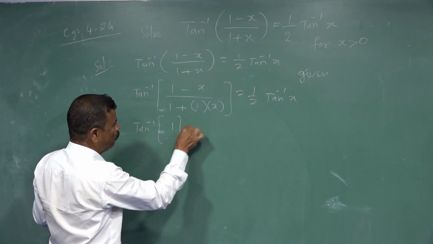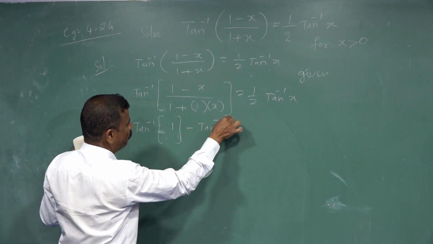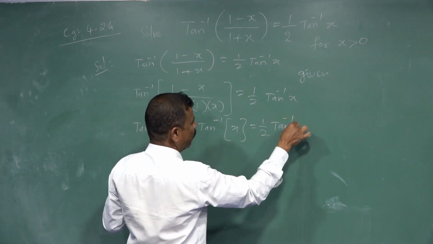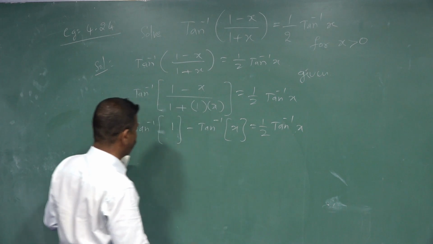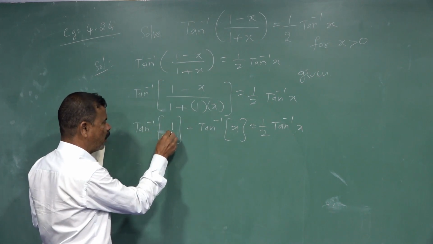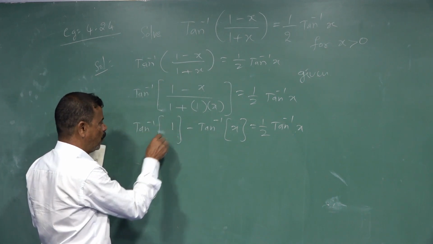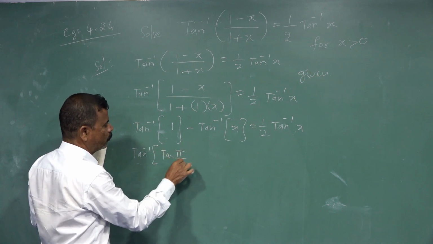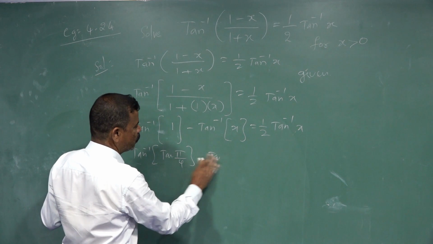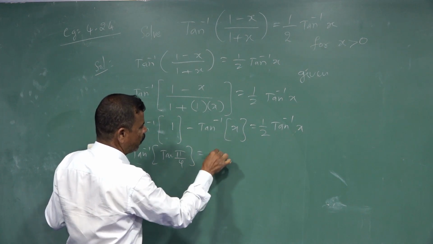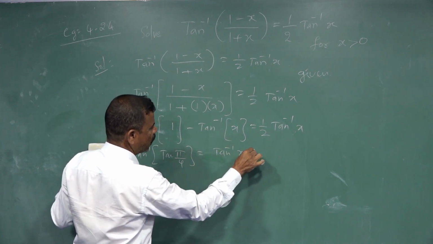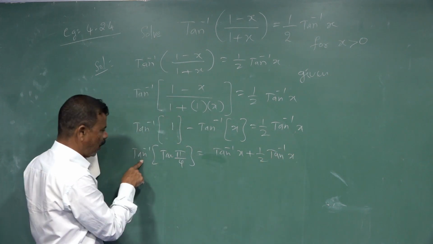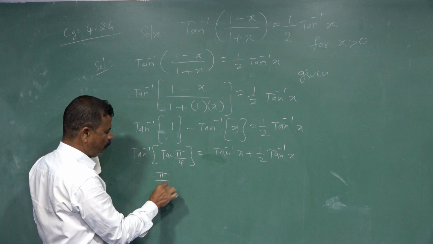So tan inverse of 1 minus tan inverse of x is equal to 1 by 2 tan inverse x. Tan inverse of 1 means this is tan inverse of tan 5 by 4, this value, and minus this value sent to the outside: tan inverse of x plus 1 by 2 tan inverse of x. Here tan inverse of tan cancelled, giving 5 by 4.